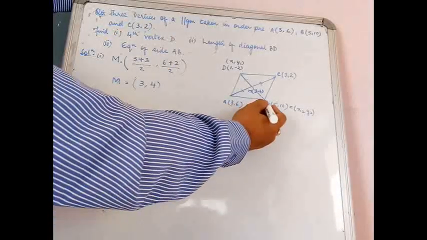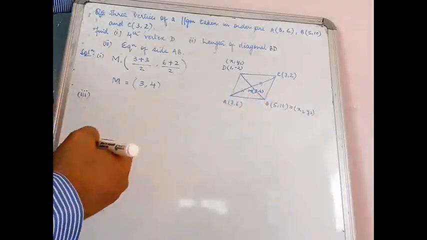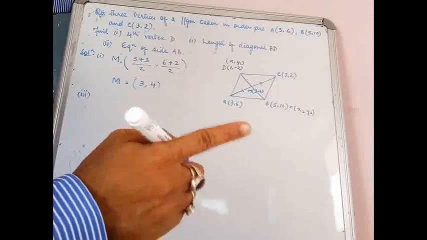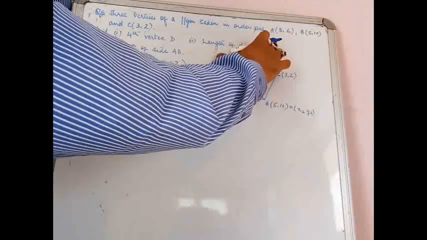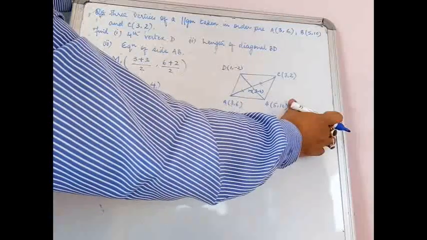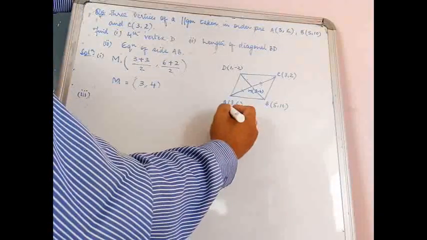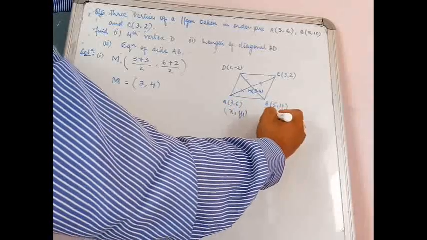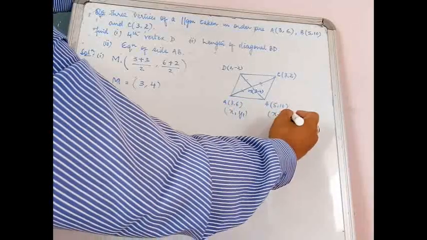This is A, this is B. These are two different points. Both points are given to us, so we can easily use the two-point form. In this two-point form, this time around I am going to use this point as my x1, y1 and this point as x2, y2.